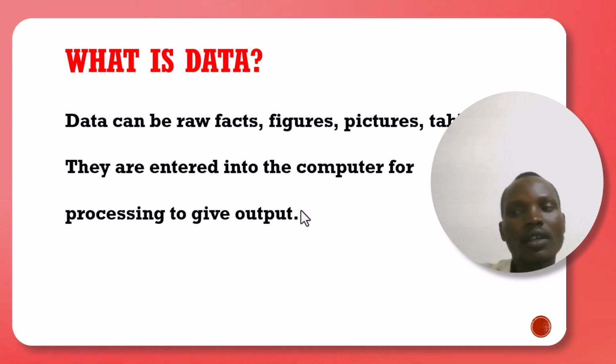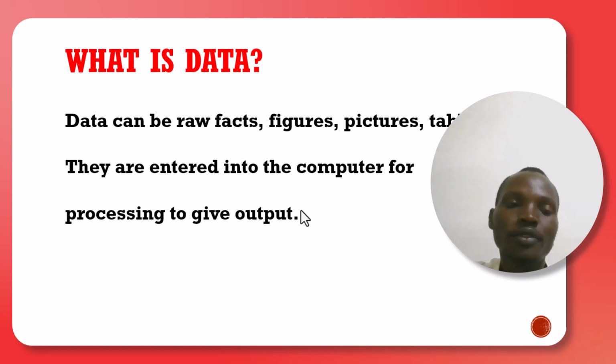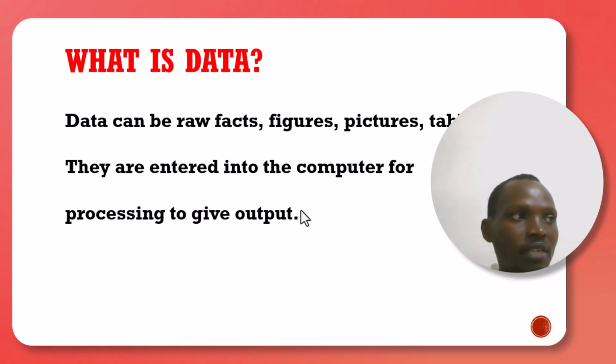So a computer bases on data in order to bring about the output. Let us look at what data is. Data can be a raw fact. These raw facts can be in terms of figures, let's say figures 1 to 10. It can be in terms of letters.